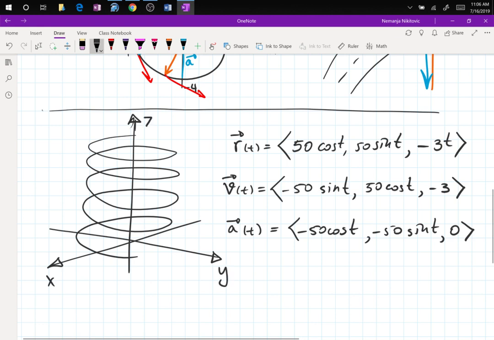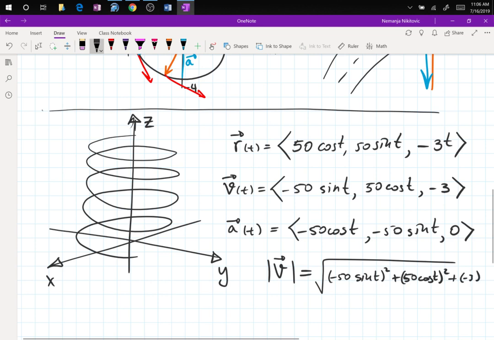So now we can also calculate the speed of that bird by figuring out the square root of negative 50 sine t squared plus 50 cosine t squared plus negative 3 squared. When we square this, we get 50 squared and another 50 squared, and then sine and cosine give us 1.